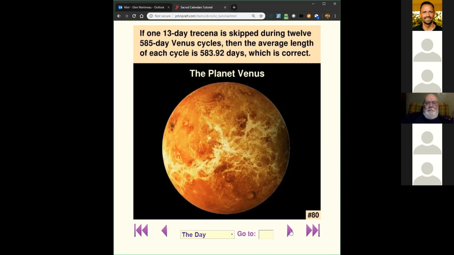Okay. This slide is showing how to fix it. Just like the Enoch calendar puts a whole week in to correct it from 364 days to 365 and a quarter, if you skip one 13-day trecena during 12 585-day Venus cycles, then the average comes out really close, 583.92, and that's correct.